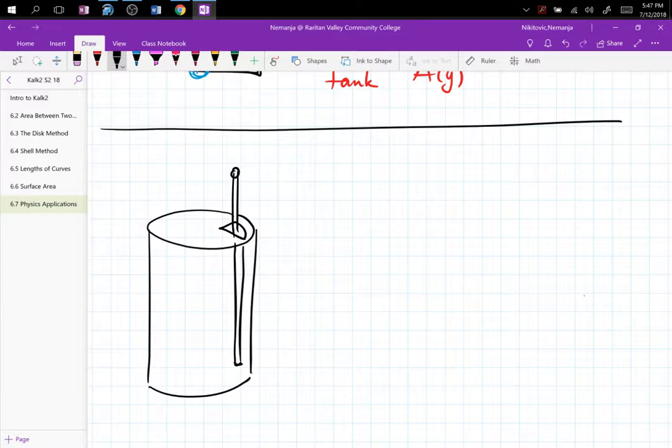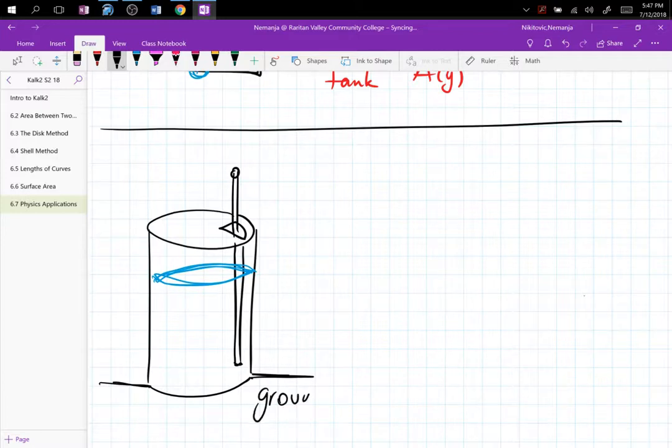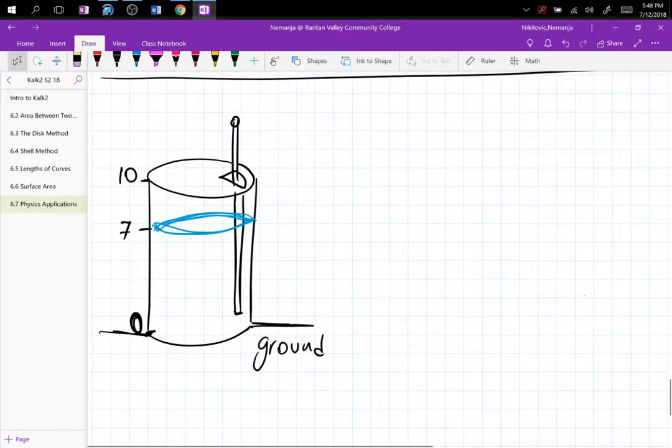Now the can is full of liquid to a certain level. Let's say that the can is on the ground level, right there. As soon as I say ground level, that's where the 0 is. Say that the can is 10 units tall, and that the liquid is at 7 units of height. So we have a 0, and we have 10, and we have 7.